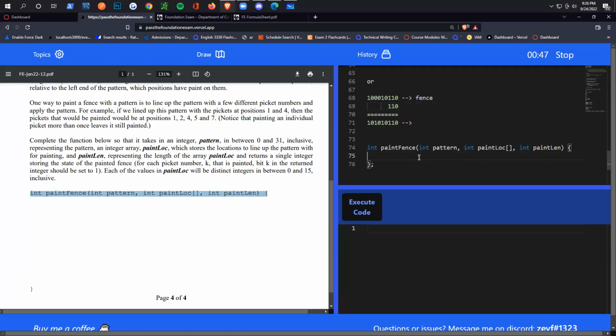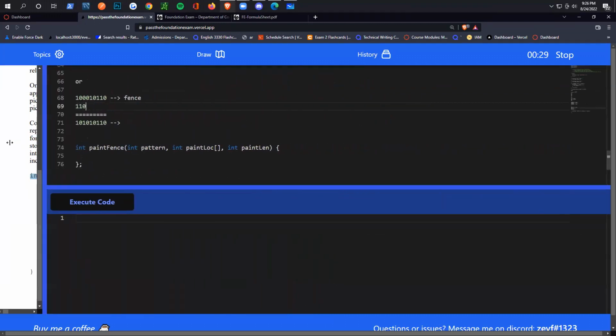But the paint location is going to tell us how far. So right here, this is paint location of 0. Meanwhile, this is a paint location of 2, etc. And this is a paint location of 0, 1, 2, 3, 4, 5, and 6. So that's the whole idea of this. Let me just expand this right here so the answer doesn't come up.